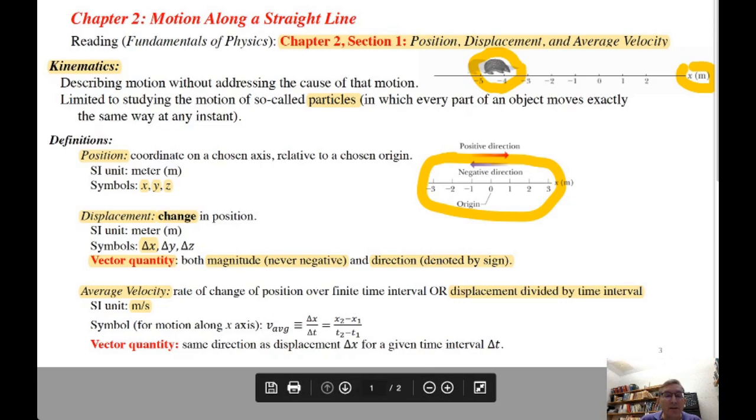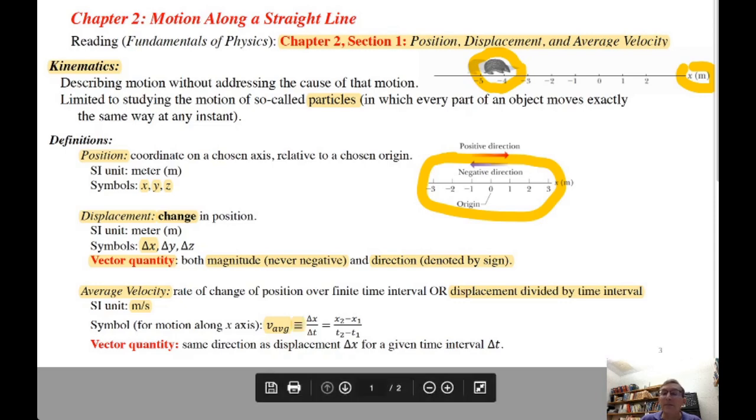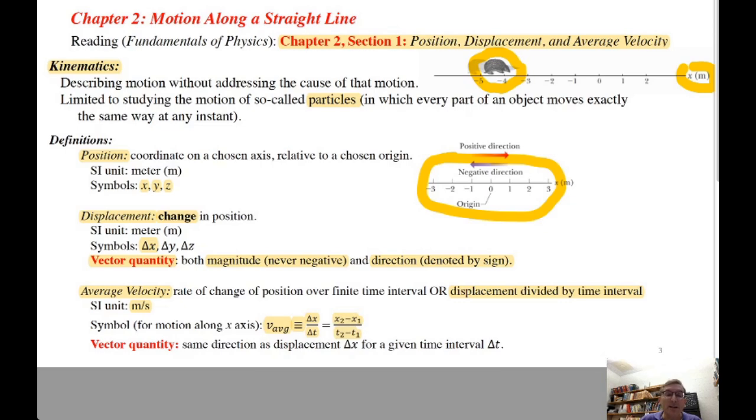The symbol is v with a subscript AVG, average velocity. It is defined to be, three lines here mean this is the definition, displacement over time interval, delta x divided by delta t. And then you see another way to express that, at least used in this chapter, x2 minus x1 over t2 minus t1.